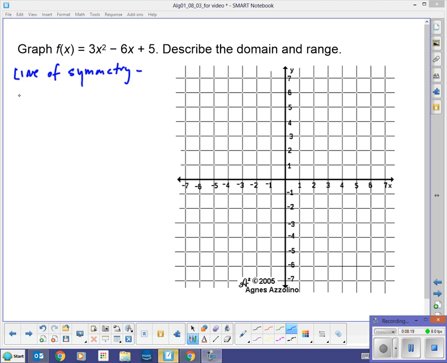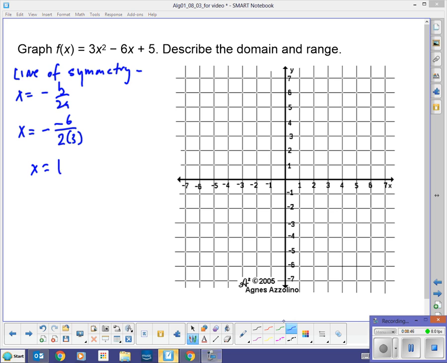Okay, so x equals the opposite of b over 2a. So x equals the opposite of negative 6 over 2 times 3. So x is going to equal, this is the opposite of a negative value, so this is going to be a positive 6 divided by 6, a positive 1.